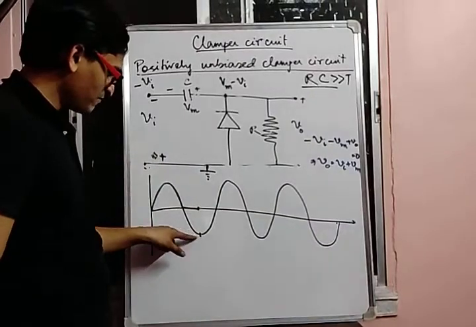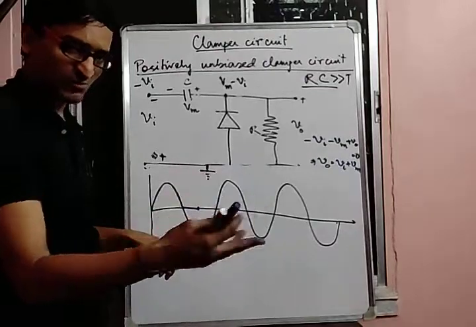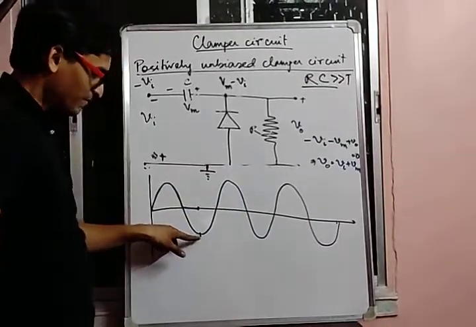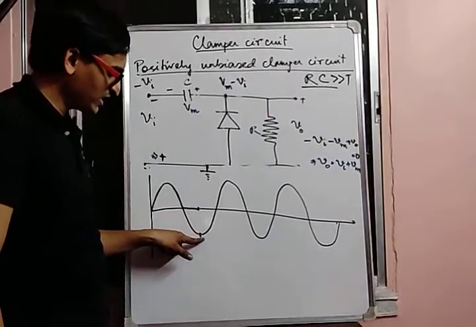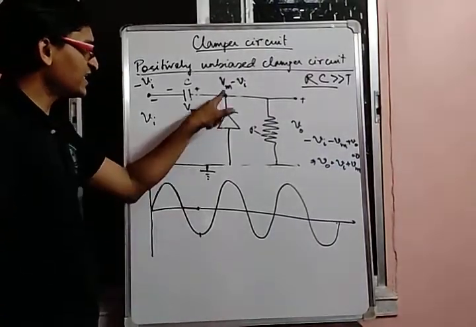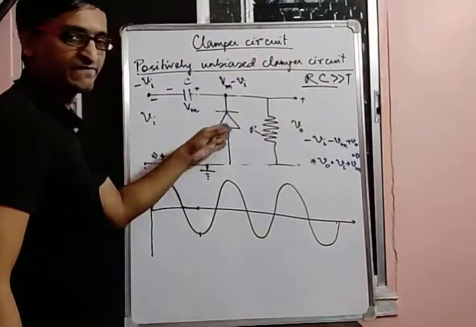This was the maximum peak value of the input voltage, obviously in the opposite polarity, but if I just consider the magnitude, then this one was the maximum. Now the magnitude is starting to decrease. As a result, this Vm minus Vi will be positive, so this diode will become reverse biased.